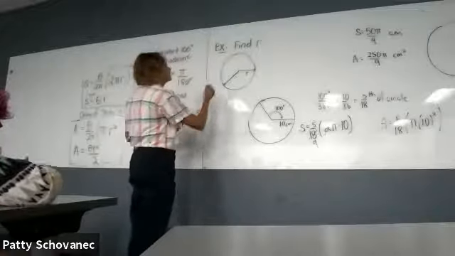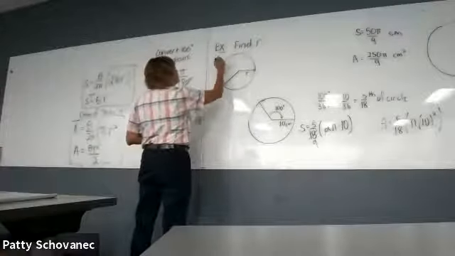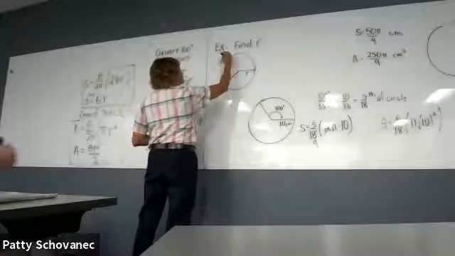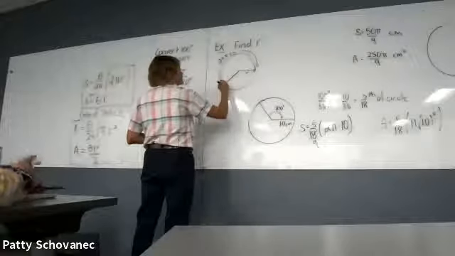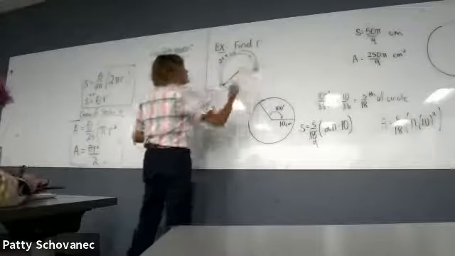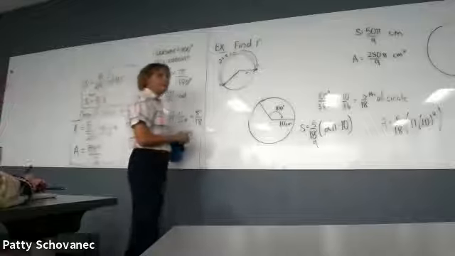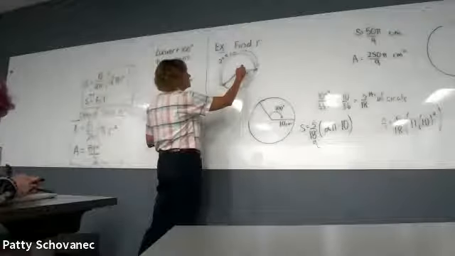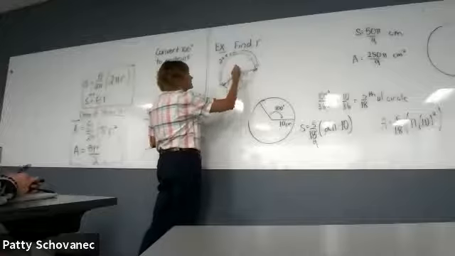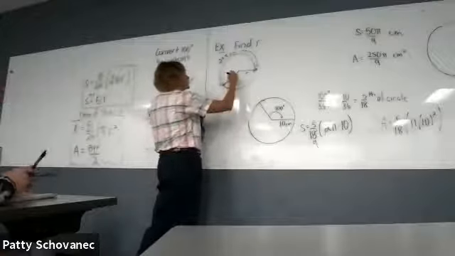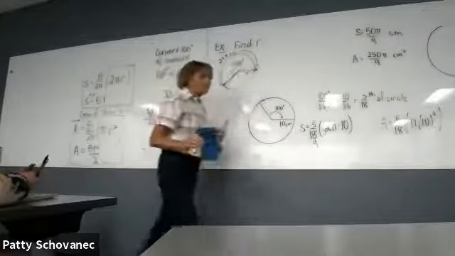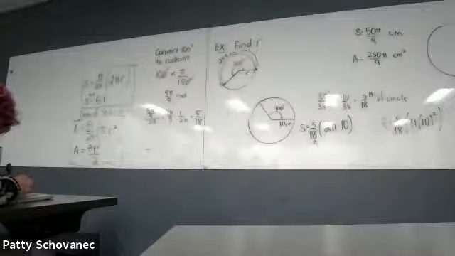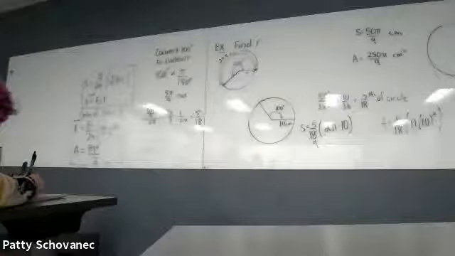Let's say that that has a length of 24 pi, there to there. And so now let's make up an angle. It looks like it's a bit more than 180, so let's say that's 200 degrees. 200-degree central angle. 24 pi is the length of the arc. What is R?